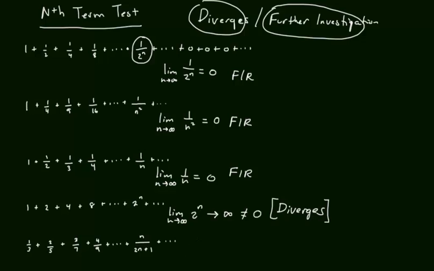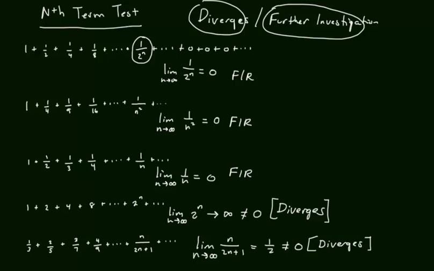Last one, we take a limit as n goes to infinity. And this will come out to be a half. So 1/2 is not 0, so conclusively it diverges.